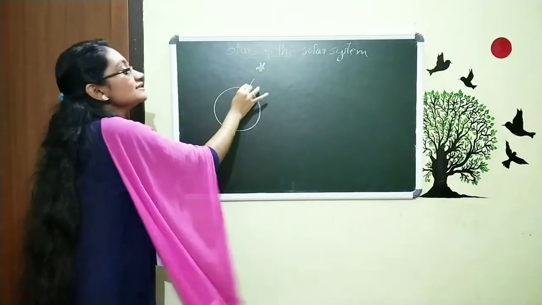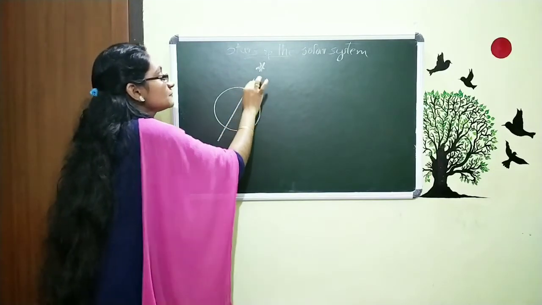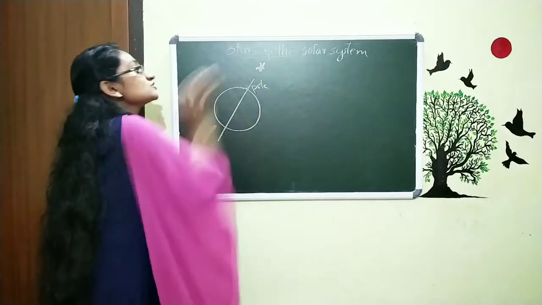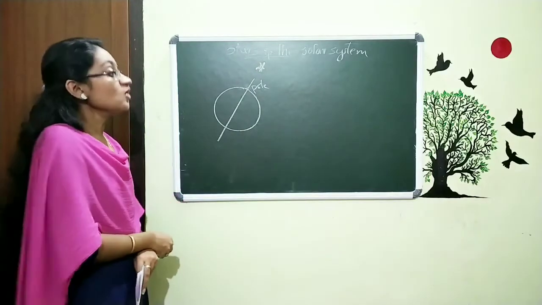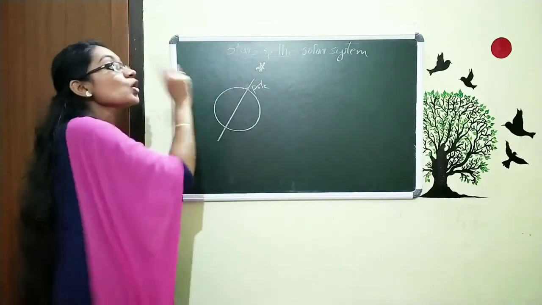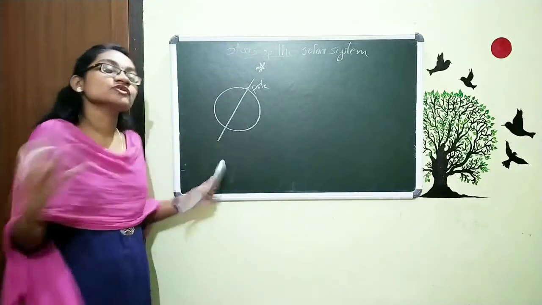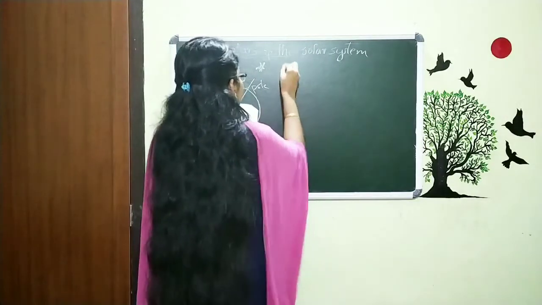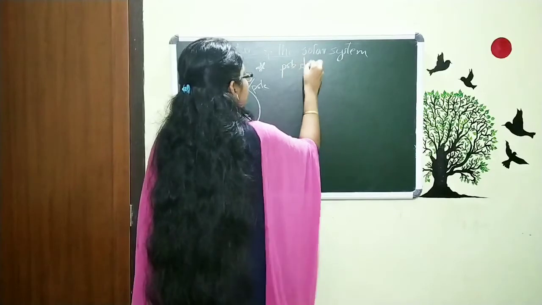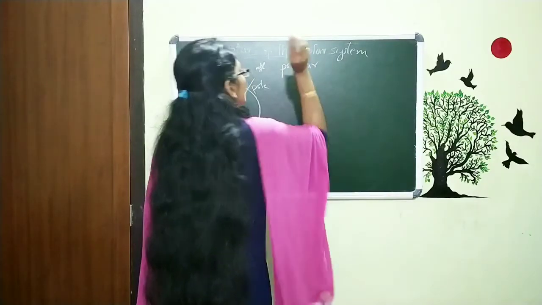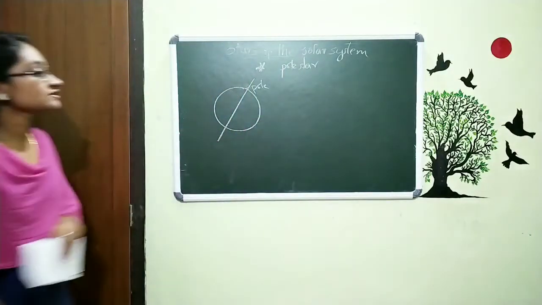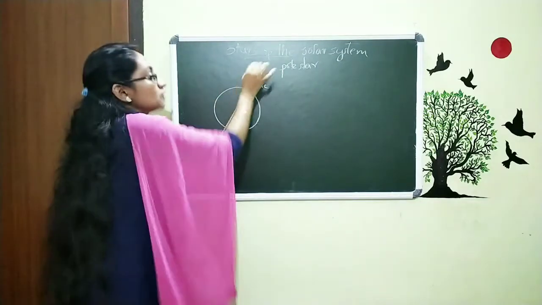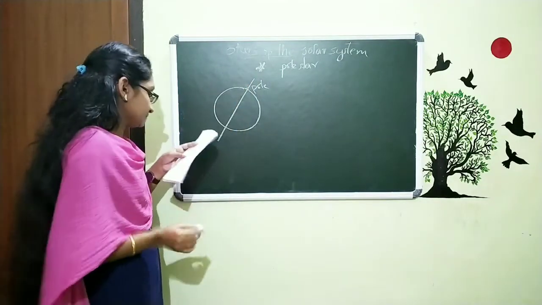That means this pole is always faced toward this direction of the sky. So we can see this star all the time, and that star has no position change, and we call that star the pole star. Pole star, the star that is always there at the top, is the pole star.